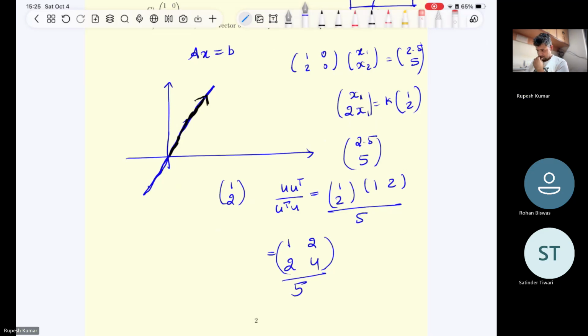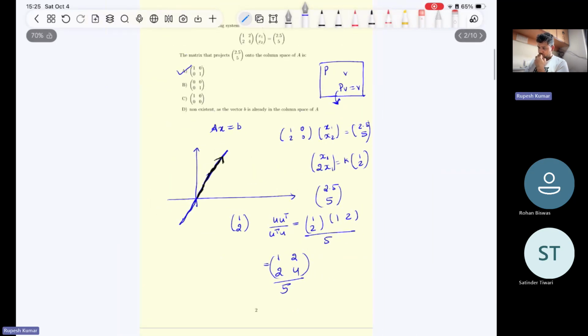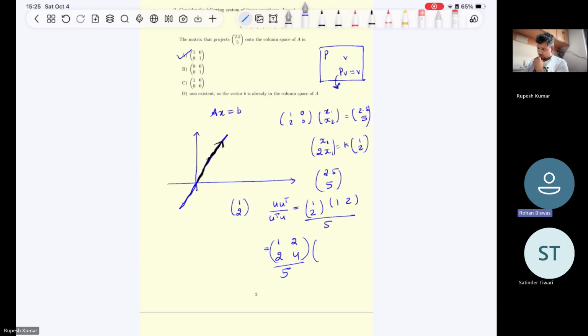Now let's try out if it is actually working. So this matrix times (2.5, 5).